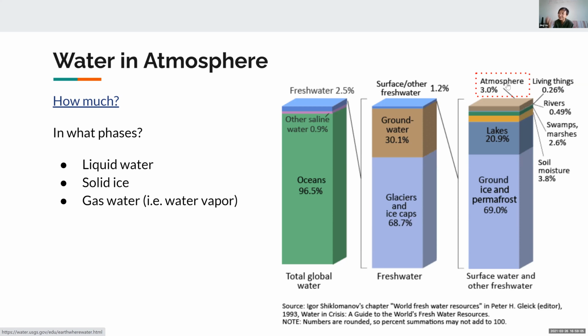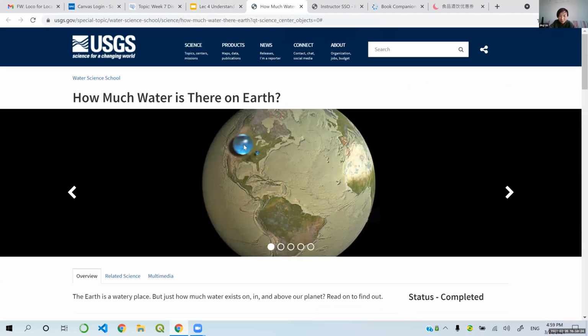We constantly have evaporation and condensation to recycle our water and also to recycle our energy, right? So read your textbook, and here's a link. Go to the NASA and USGS websites to see how much water is on the Earth. It's a very interesting picture.